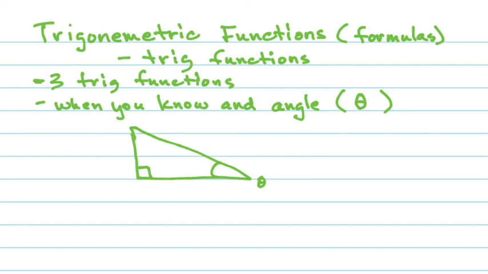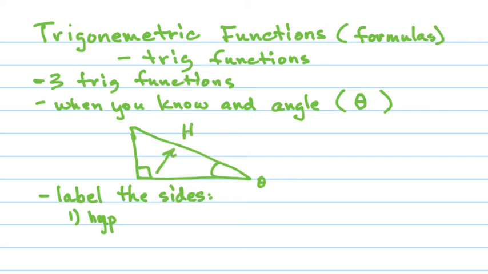Now, we need to label the sides, and this is the key to everything. The first label is the hypotenuse. Well, that's easy. It's always the side directly across from the right angle, and it's always the longest slanted side.